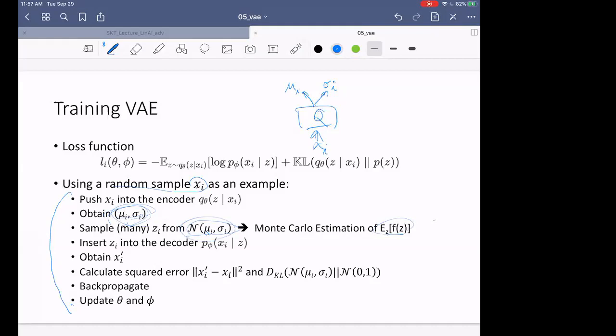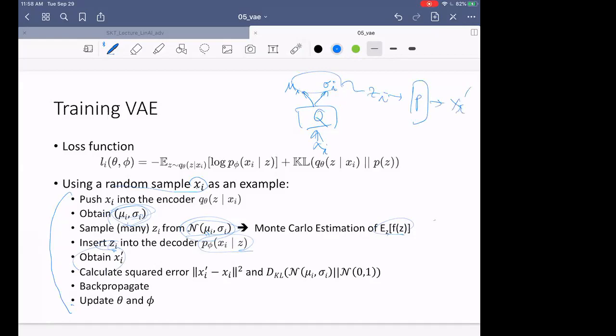Or you can sample 100 or maybe 1,000 Z's from your posterior Gaussian distribution. And then once you've sampled it, you push that Zi into the decoder, which is another neural network. That decoder will give you a reconstructed Xi prime. So you sample Z here, and then that is pushed through your P, and then you get Xi prime, right?